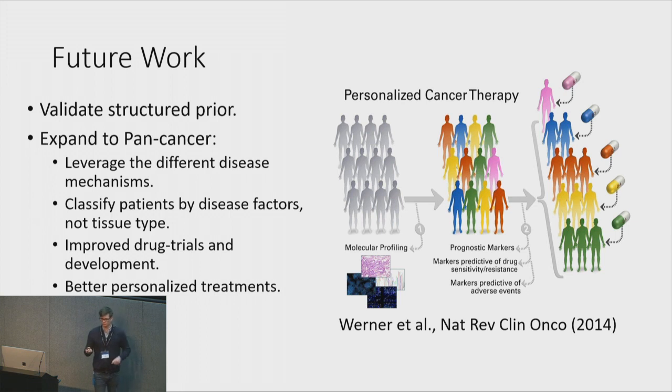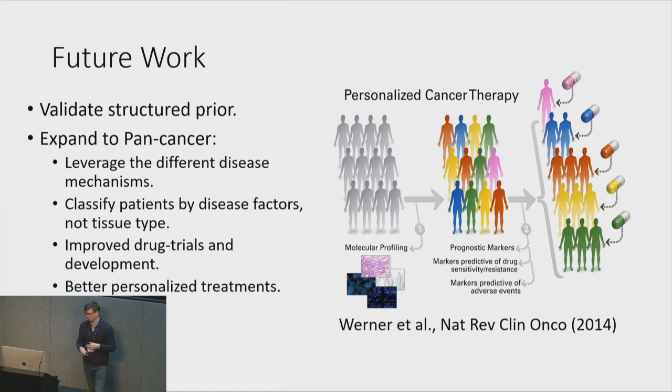Whereas if you can classify your patients according to the disease state that you've learned in your model, then you could have all the patients with that genotypic disruption, that disease factor, in the same cohort, in the same trial, and then that drug would be quite successful.